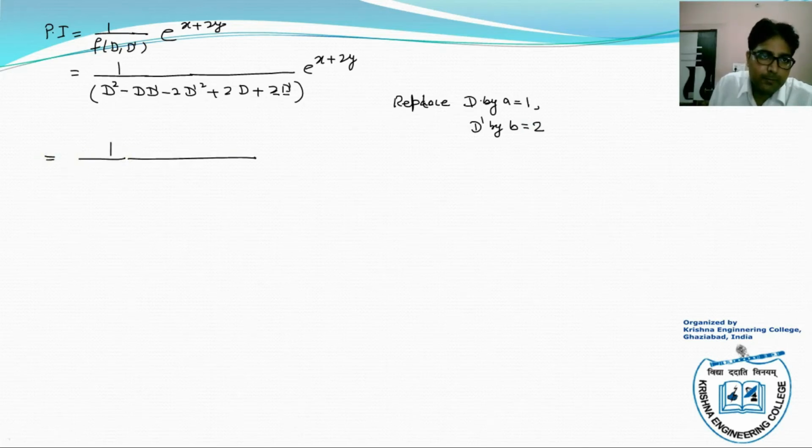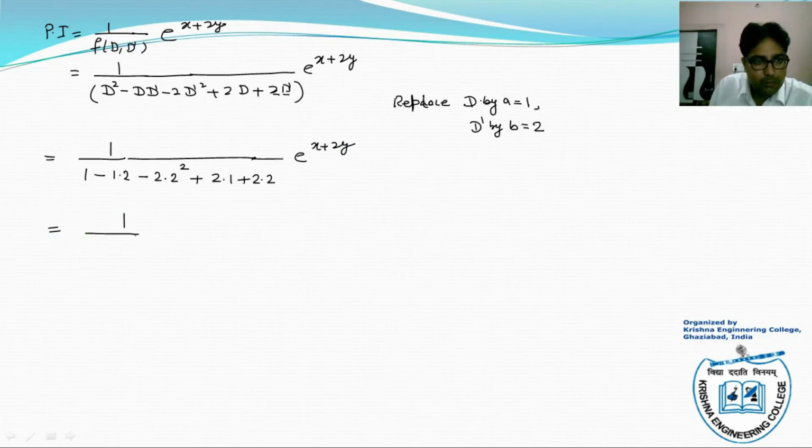So we get D means 1, D dash 2: 1 into 2 minus 2 into 2 square plus 2 into 1 plus 2 into 2, e to the power x plus 2y.